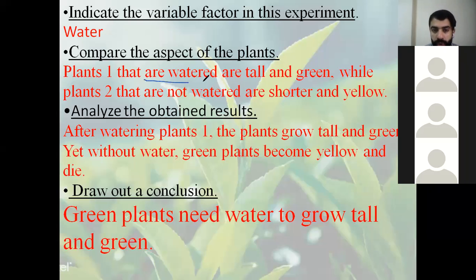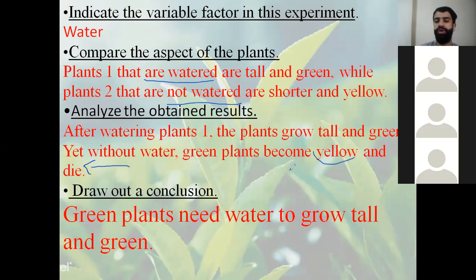Analyze the obtained results: after watering plants 1, they grow tall and green, while without water, the green plants become yellow and will die.